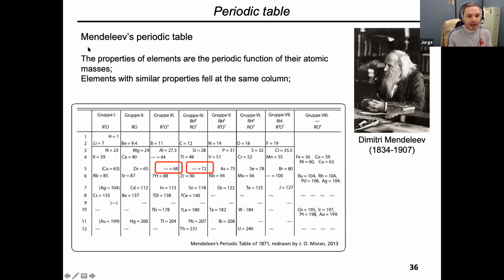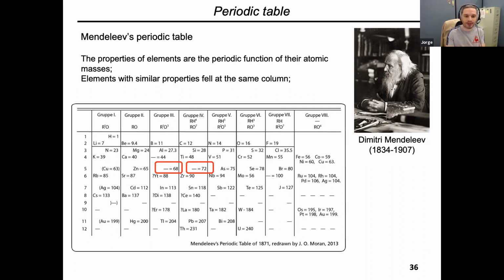Dmitry Mendeleev organized the elements as a periodic function of their atomic masses. And for Mendeleev, elements with similar properties fell in the same column.